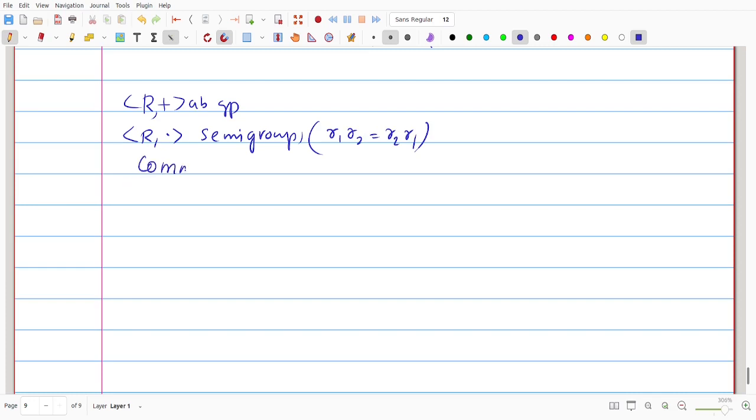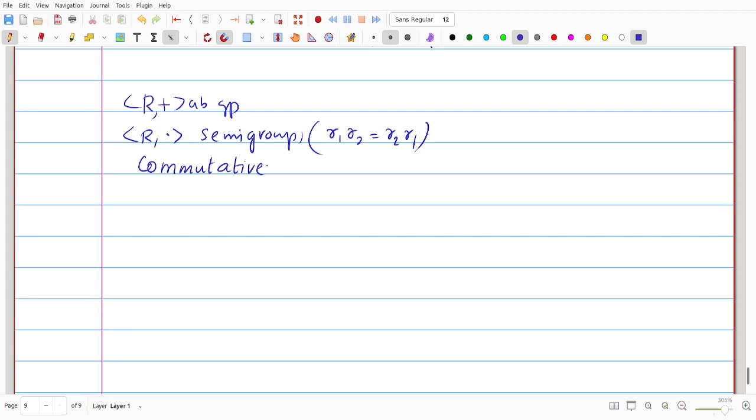Now, for a ring we have, this is an abelian group. Again, we recall that R is a semigroup. If this semigroup is commutative, okay, that means for any R1, R2, we have R1 R2 is equal to R2 R1. If this happens in a ring, then we can say that ring is a commutative ring. Okay.